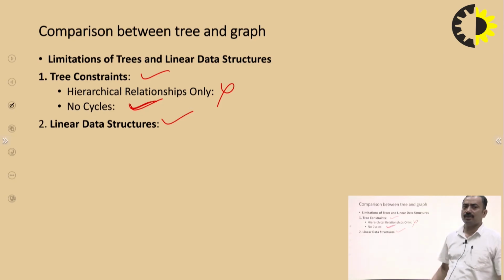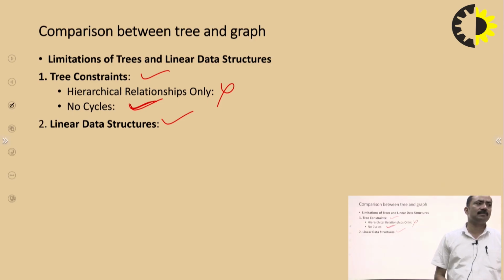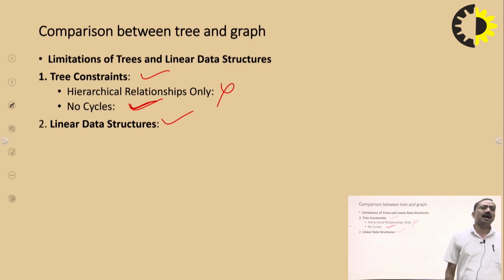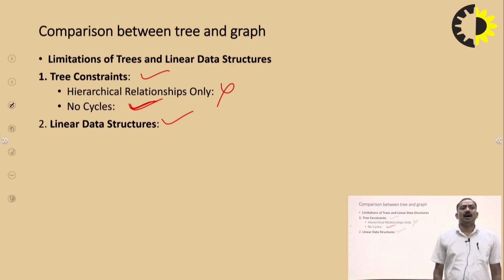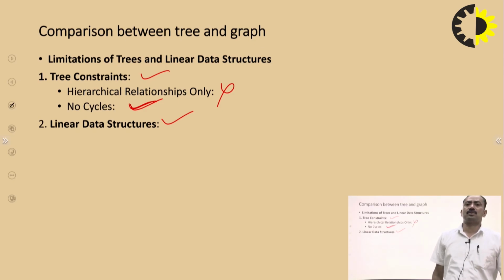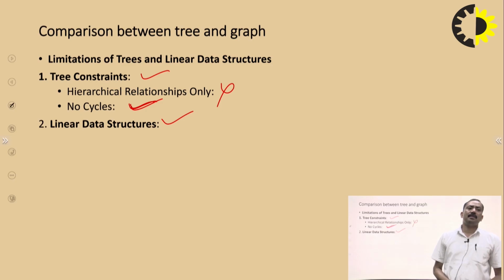Then limitations of linear data structures: arrays, linked lists and stacks are one dimensional and sequential, and they cannot represent complex relationships like interconnections between multiple nodes, and this limits modeling dynamic, multidimensional problems like social networking, transportation systems and dependency graphs.